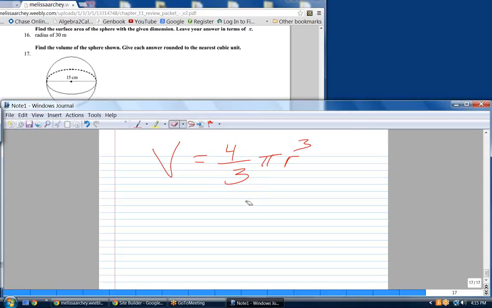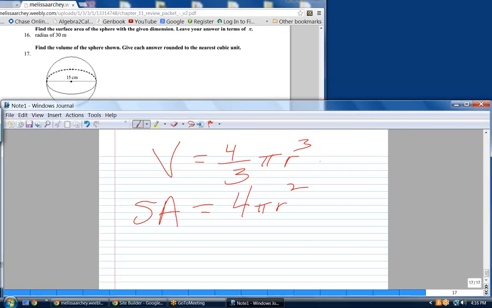You just have to memorize it as 4/3. The surface area of a sphere is 4 pi r squared. Notice that the volume gives you cubic centimeters and the surface area gives you square centimeters, as it should be. Surface area is two-dimensional, like the area of a rectangle or a circle, whereas volume is three-dimensional.